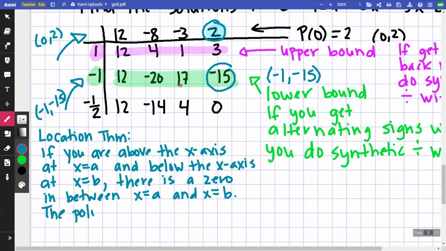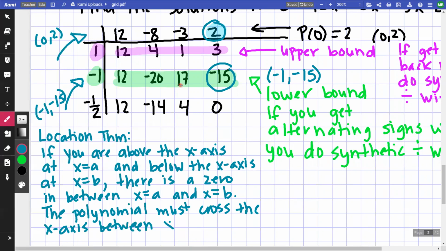The polynomial must cross the x-axis between x equal A and x equal B. So that's why, when I look at my 0, which gave me +2, I'm above the x-axis. Here at 1, I was above the x-axis, so there's no 0 in between here. And we saw that this is going to keep getting bigger and bigger.